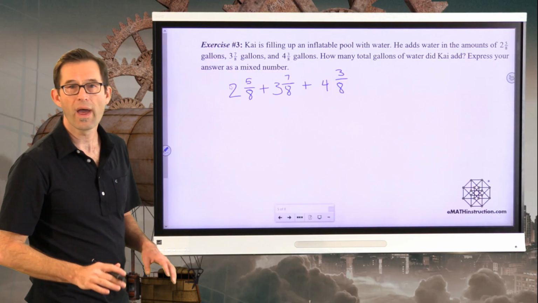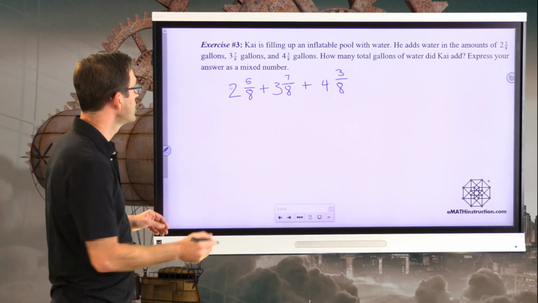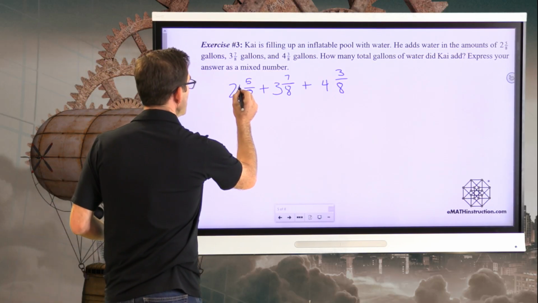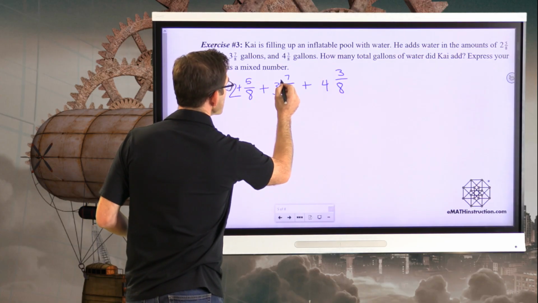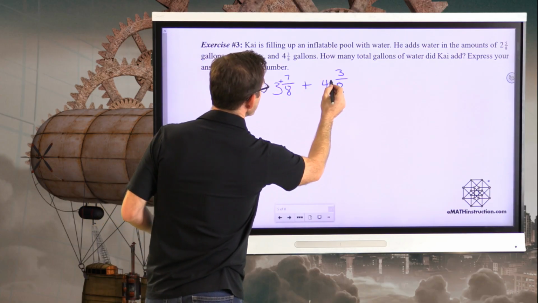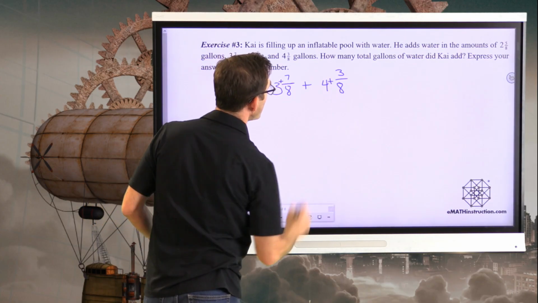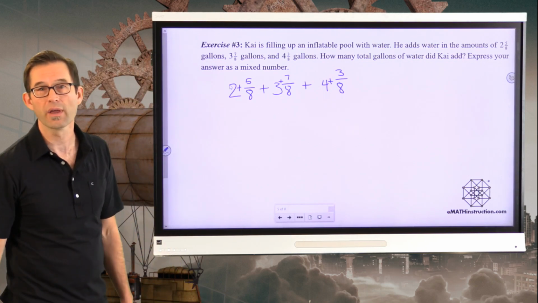Now, at its very basic essence, what I don't want you to forget is that 2 and 5/8 is 2 plus 5/8. 3 and 7/8 is 3 plus 7/8. 4 and 3/8 is literally 4 plus 3/8.